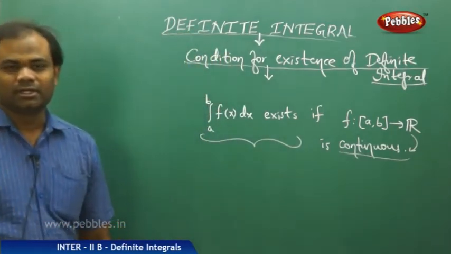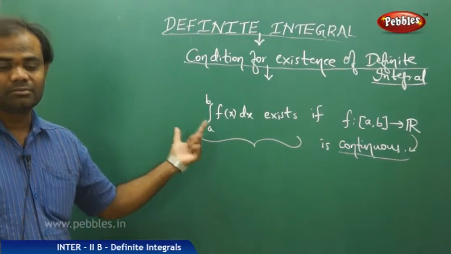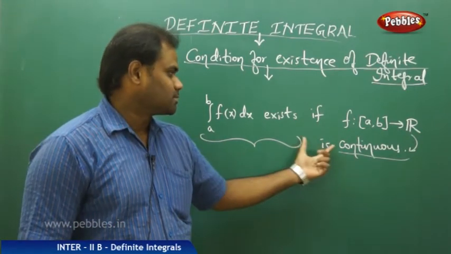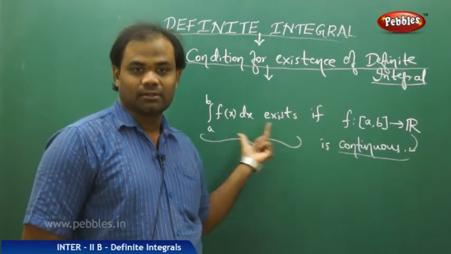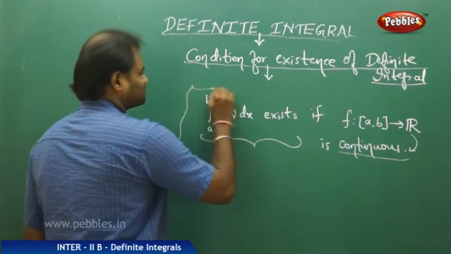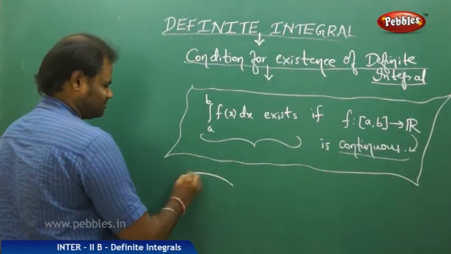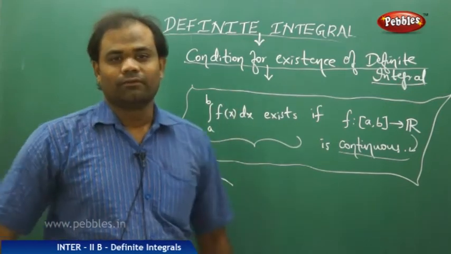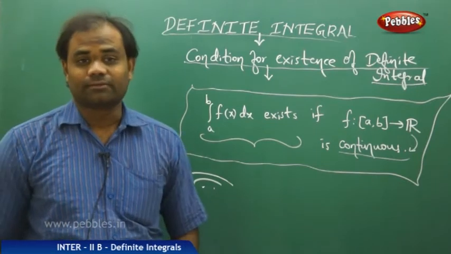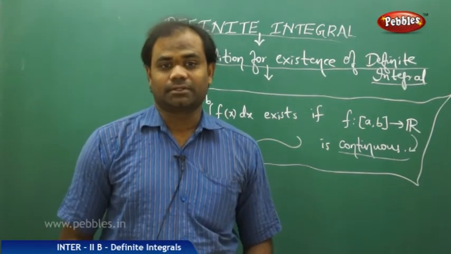So if the function is not continuous, then we say the definite integral from a to b of f of x dx does not exist. Only when f is continuous does this exist. This is how we understand the condition of existence of the definite integral from a to b of f of x dx.